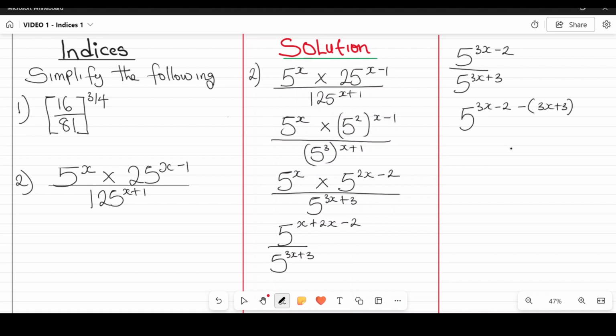So if we simplify our index, we have 5 raised to the power of 3x minus 2. Minus times 3x is negative 3x. Minus times plus 3 is negative 3. So from here, 3x and negative 3x we cancel out. We'll be left with 5 raised to the power of negative 5. From our negative power law, we can express this as 1 divided by 5 all to the power of 5. That is the answer.